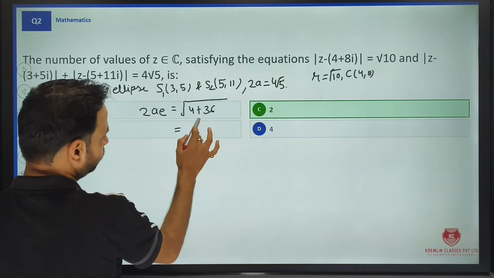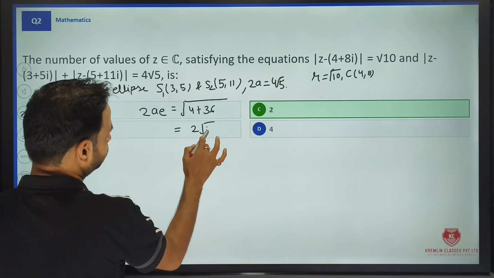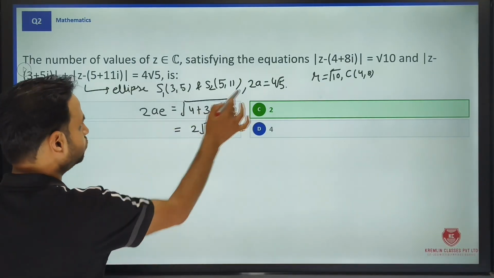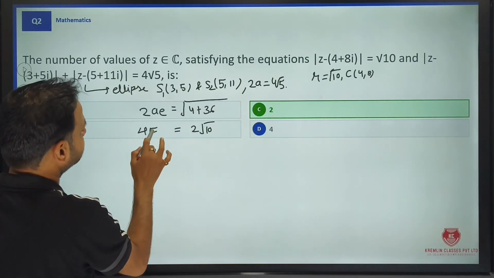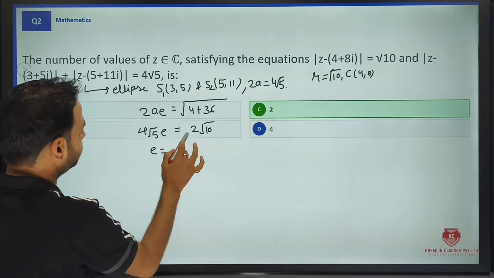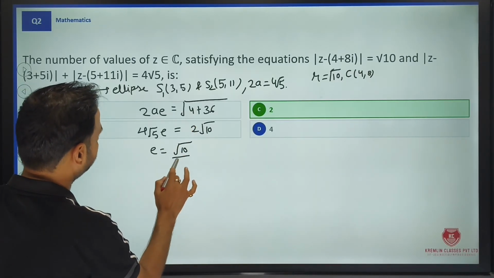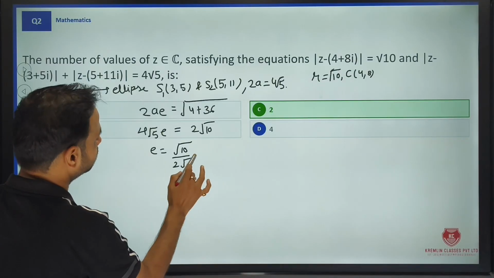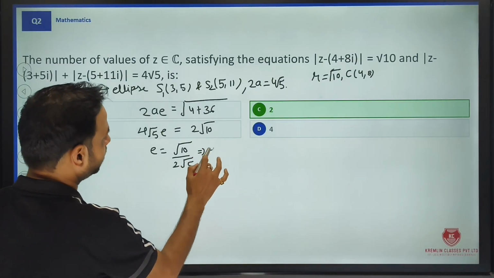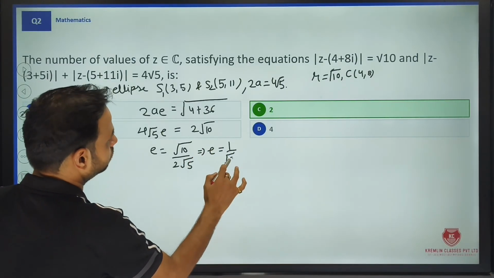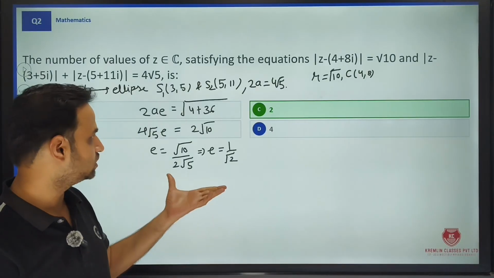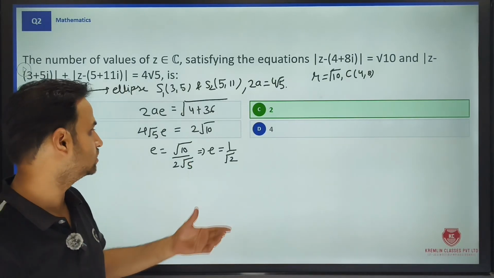So it comes out to be root 40, which is 2 root 10. And 2a is given by 4 root 5. So e comes out to be 2 root 10 by 4 root 5, which gives e = 1 by root 2. We have calculated that easily.